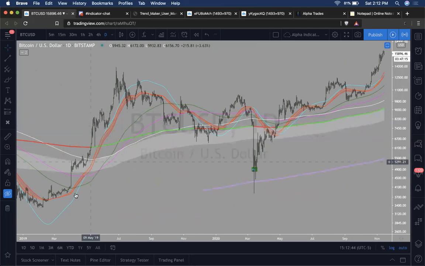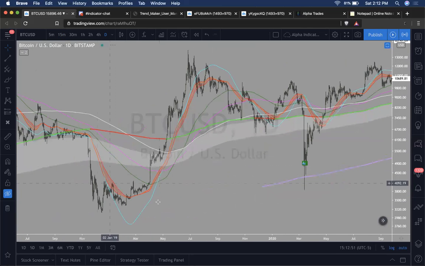For example, if you were trading back in 2019, once price broke above the red ribbon that you see right here, you can see price never really looked back and went on a fantastic bull run, right? And once you start to break back inside the moving averages and you start rejecting the aqua line right here, the top moving average, then you sold off quite aggressively.